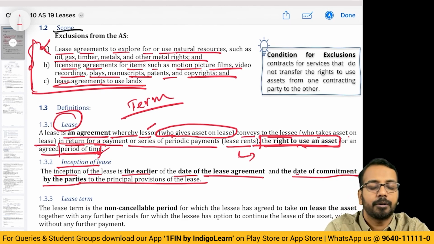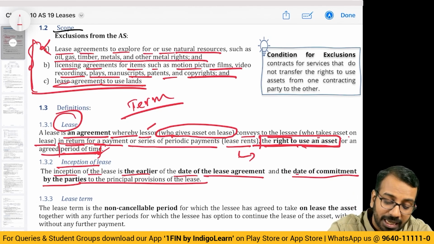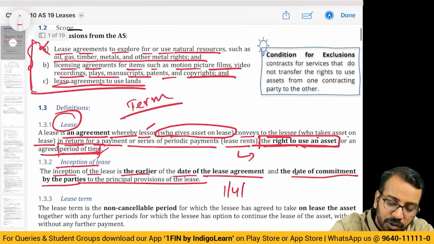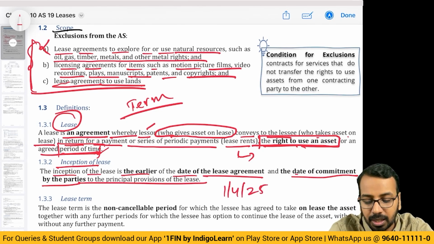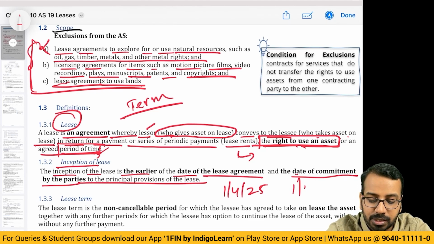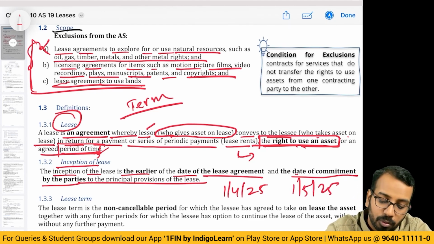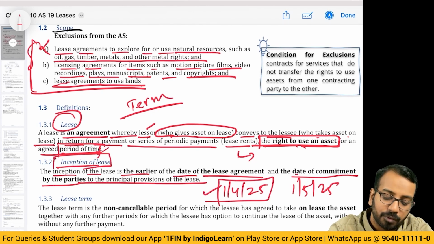I have gone to the owner, discussed, and we have agreed the principal terms of the lease. Let us say we agreed everything on 1st of April 25, but the agreement was entered on 1st of May 25. Now, if I have already agreed everything earlier, this becomes the inception of the lease.